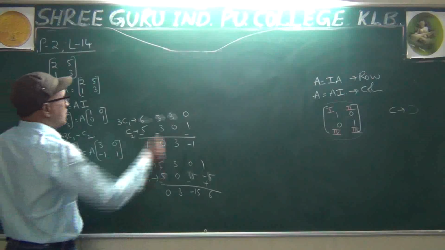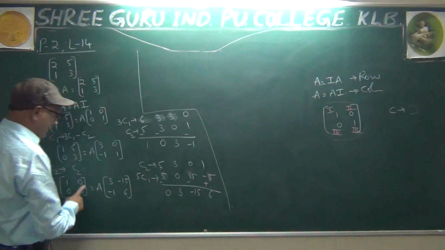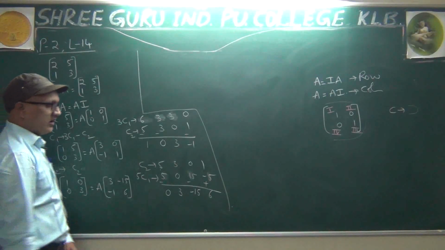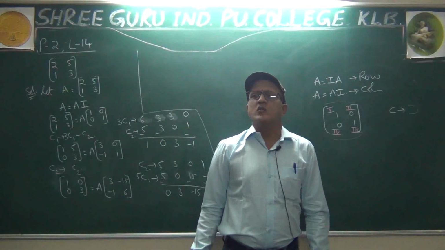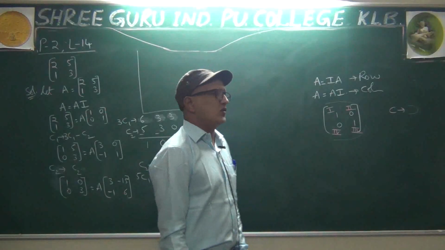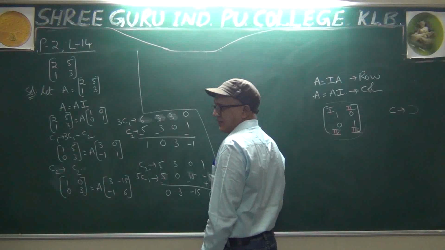Right? Now let us see. Roman letter 2 we got. Roman letter 3. Whenever it may be row operation or column operation, whenever we want Roman letter 3, we have to multiply with its reciprocal, I told.